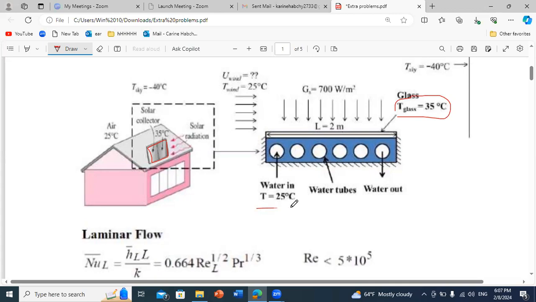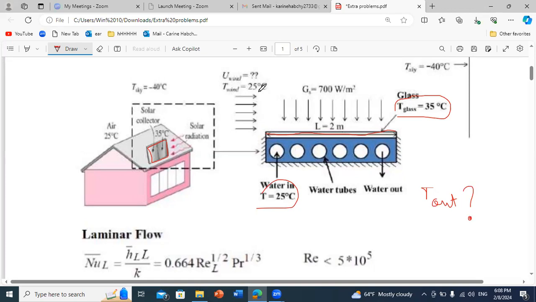So we have T inlet and we want to look for T out. So here T out is unknown. 35 was not the outlet temperature, it's the glass cover temperature. So they didn't give us T out, but we will be able to calculate it from the energy balance equation. So we don't know T out. We want to do a calculation to determine this value.